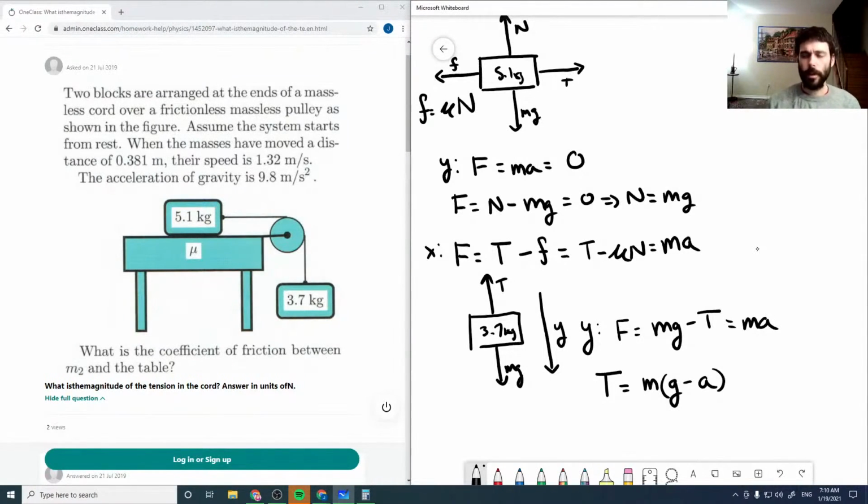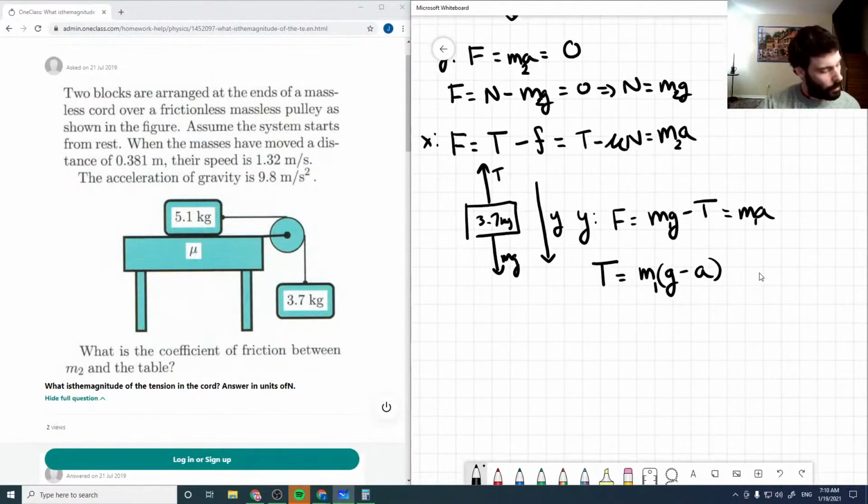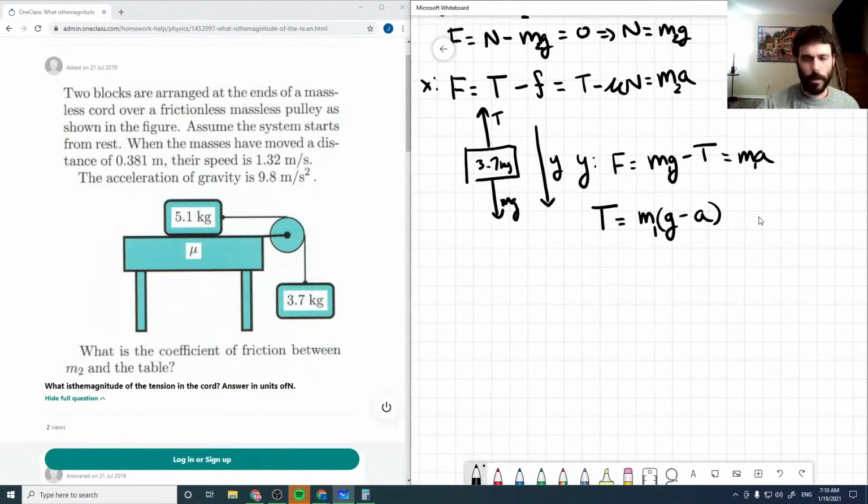I should have been more careful throughout here, but I'm going to put 2's on these masses so I don't make a mistake. And I'm going to put 1's on these masses, as the question seems to give us that M2 is the mass on the table. Okay, so there's our tension there.